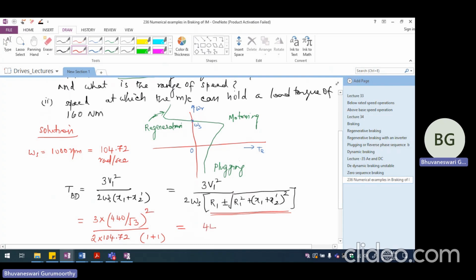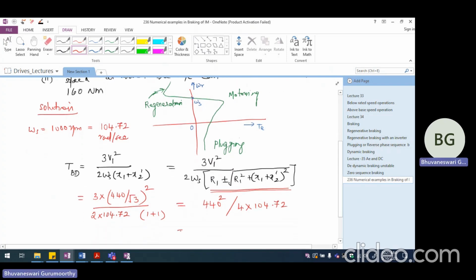So I can write this as 440 square divided by 4 multiplied by 104.72. So if you want the exact value, you should use this expression. This is approximate value, and this comes out to be 462 Newton meter.